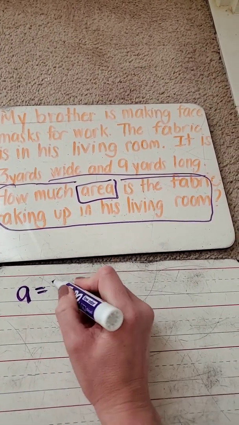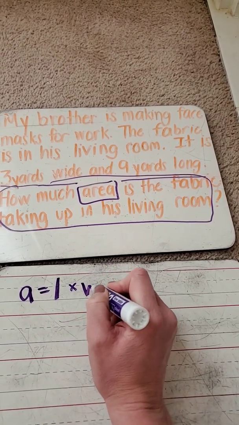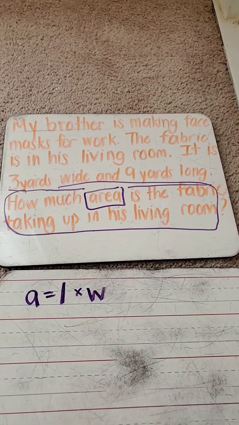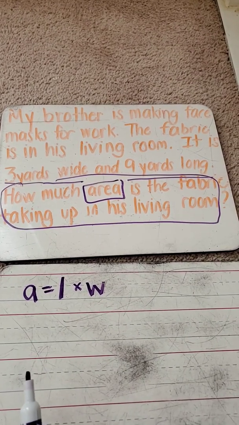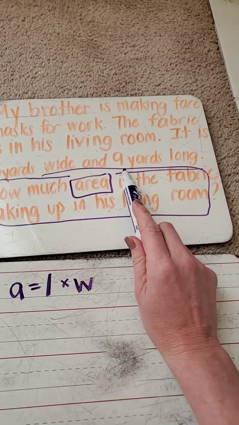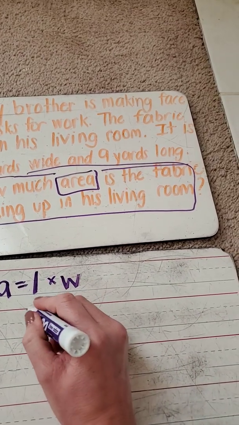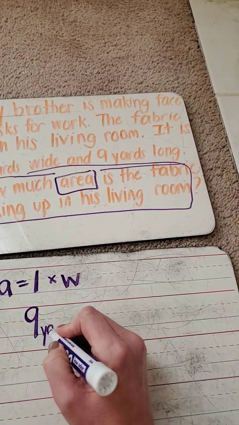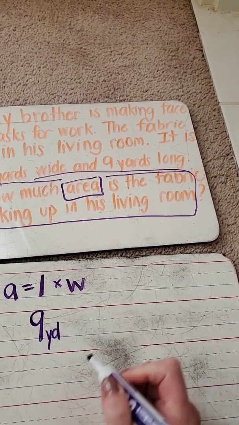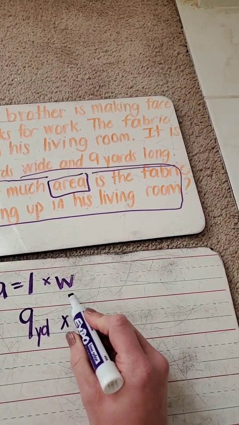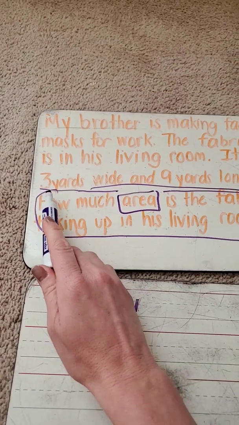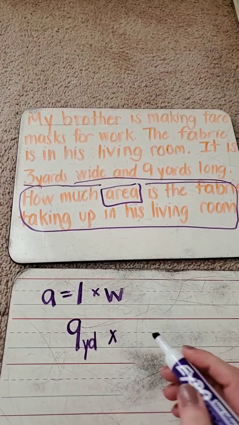Now, I remember my formula. Area equals length times width. So I come back up to my problem and I see, how long is the fabric? 9 yards. I didn't forget to label this time. Now I need to multiply it by how wide it is. It's 3 yards wide.